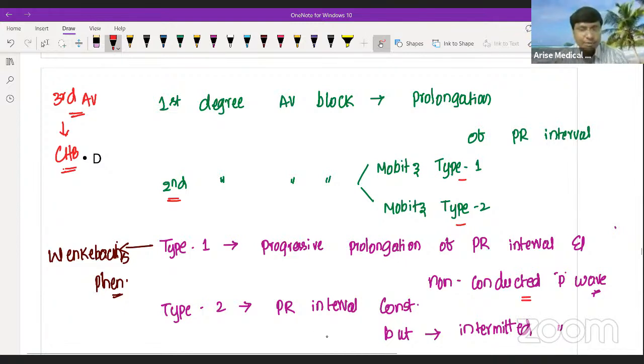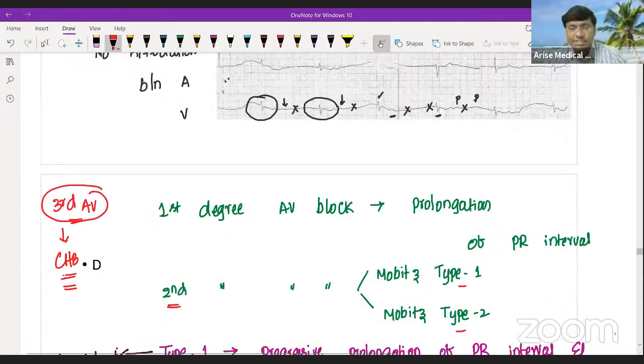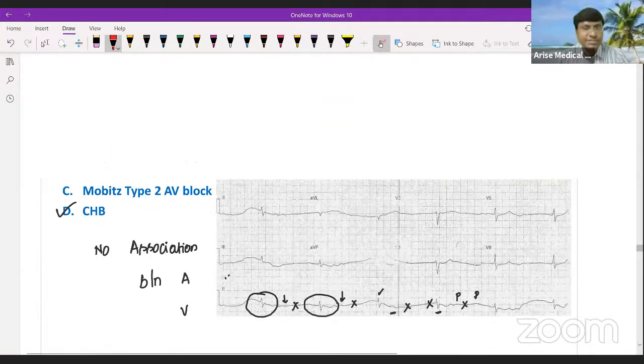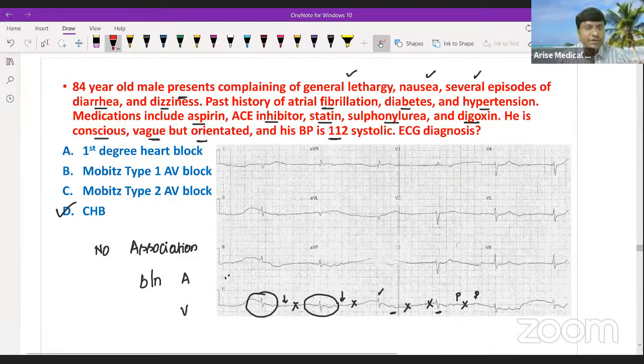In Mobitz type 2, the PR interval remains constant, but there is intermittent non-conducted P wave. And in third degree AV block, that is your complete heart block, there is no association between atria and ventricles. So that is what you are seeing in this ECG. The ECG given to you is the ECG of complete heart block, with no association between the atrial and ventricular complexes.